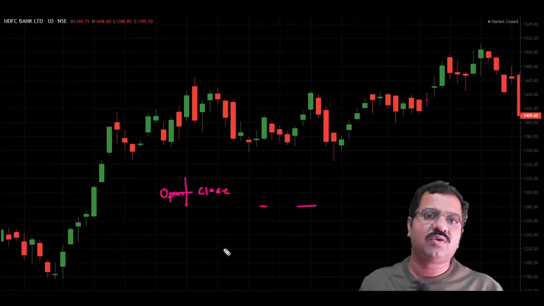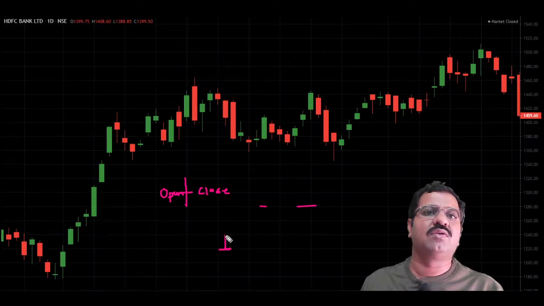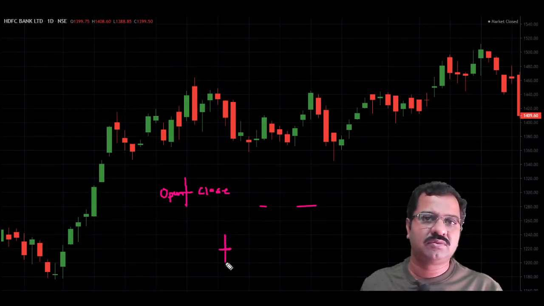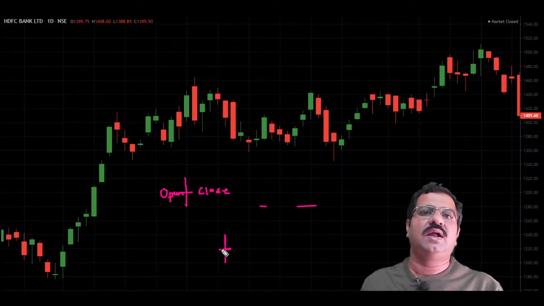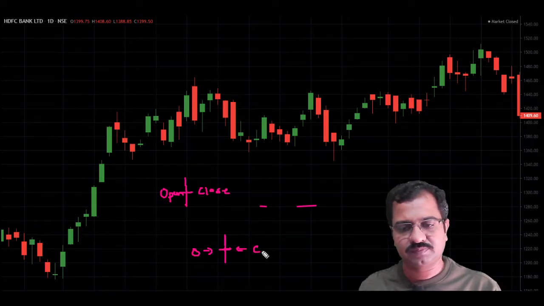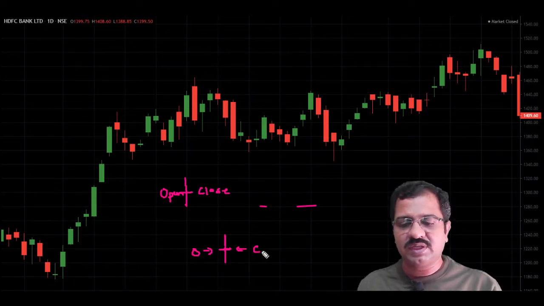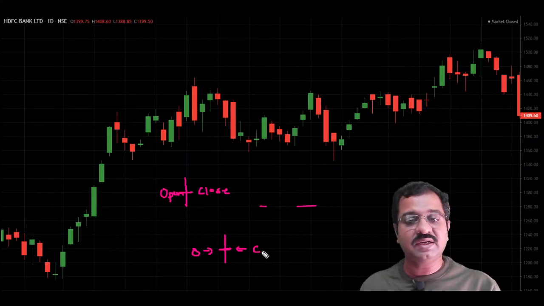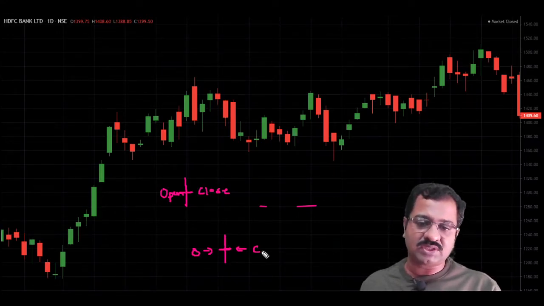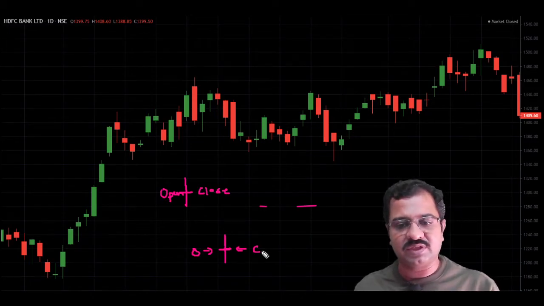So price will open at a certain level, it will go up, come down, again go down, come up, and close at the same place. This was the open, and at the same place price closed. What does this indicate? This indicates indecision. The market was unable to decide direction.